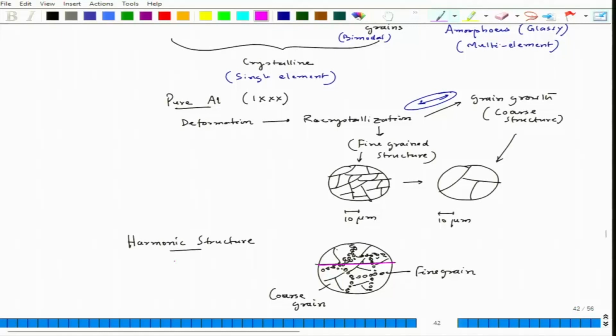So, if you take a single particle like this, let us say these are the 3 grains. The surface layer will have deformation.